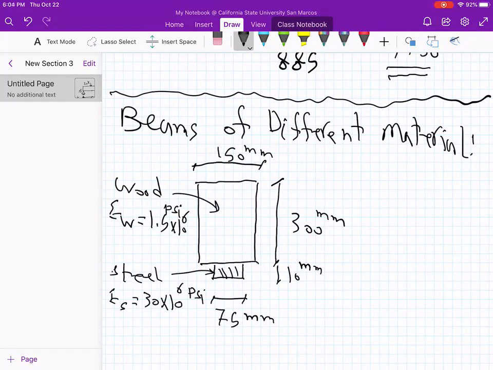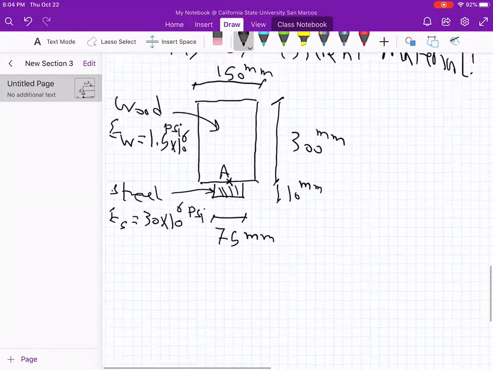So let's focus on this point A. This point is in both steel and wood, right? If the cross section is under a moment, we can define the deflection of this point as the deflection of both steel and wood, because it is exactly at the line that includes steel and wood.